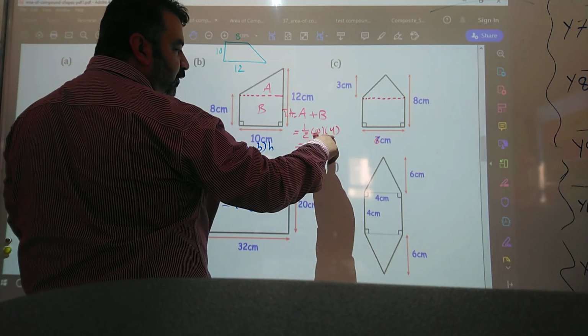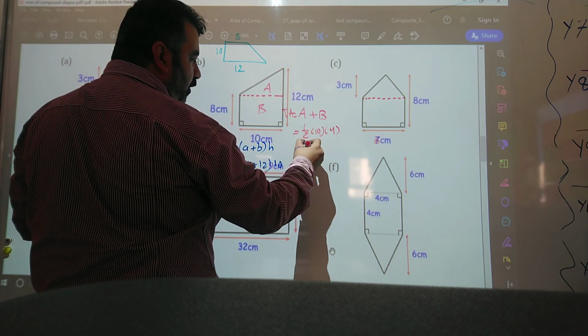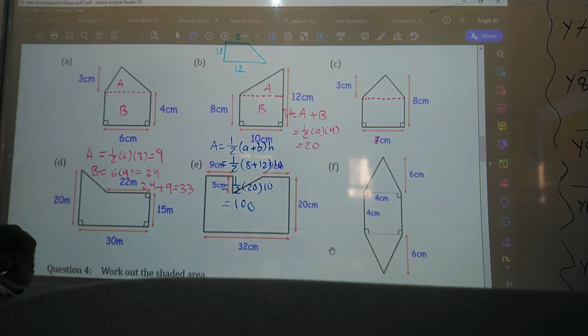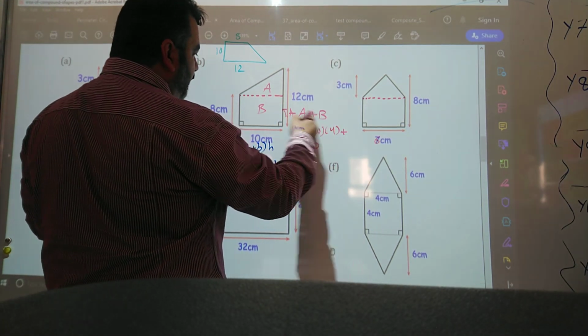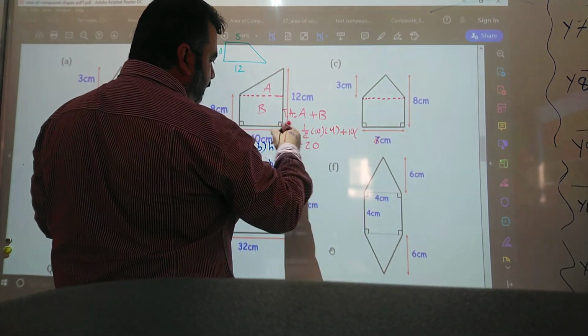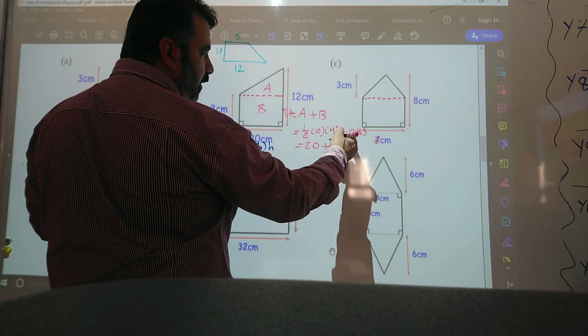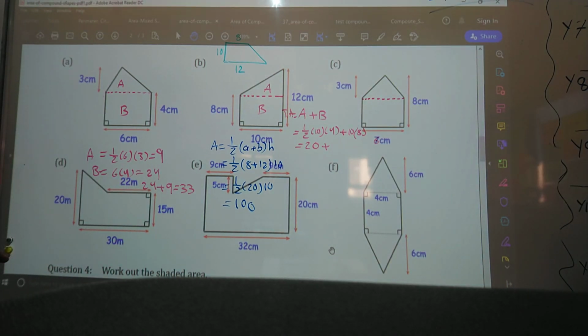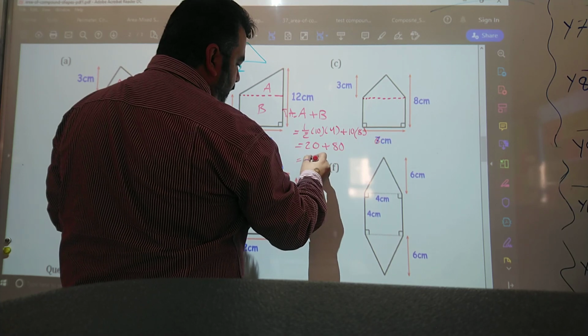Now, half times 4 equals 2, or half times 10 equals 5. 5 times 4 equals 20. Make sense? So this is A plus B. 10 times 8 equals what? 80. That's correct. So you see the answer?